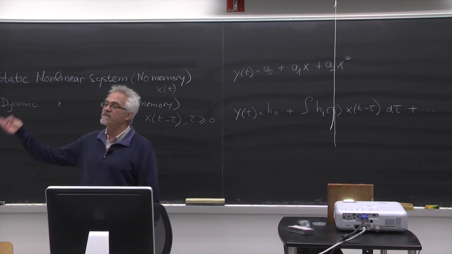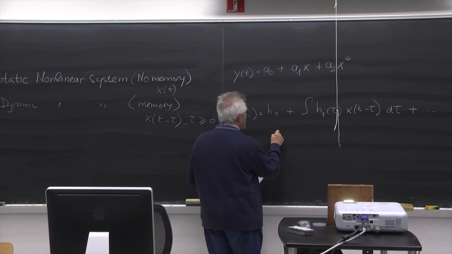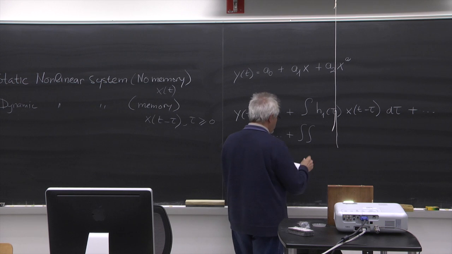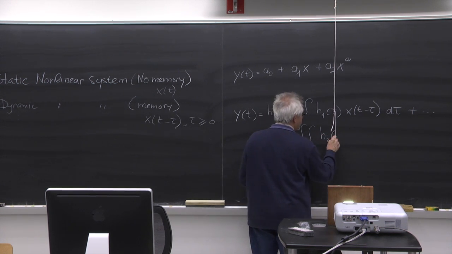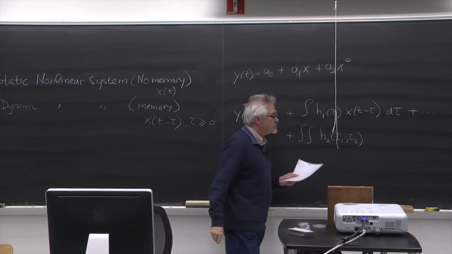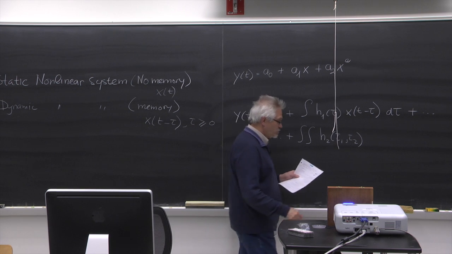And now we're going to add a second order term, and the second order term is not a big surprise. It's just a bit complicated to write it all down. Because instead of now convolving some characteristic function with one copy of the input, I do it with two copies of the input.